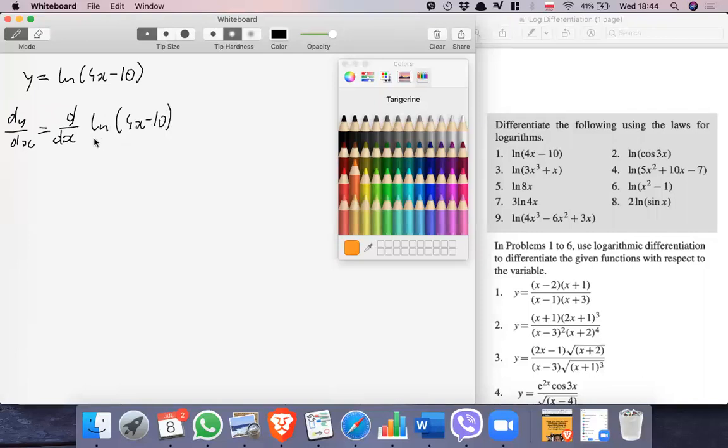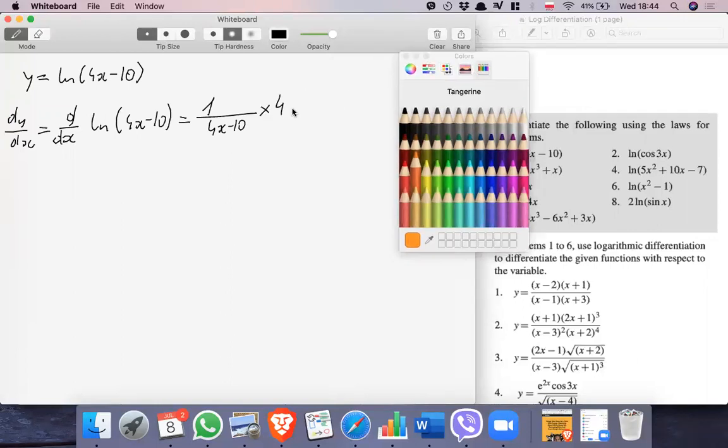This is a compound function. I have an inner function 4x minus 10 and the outer function natural log of whatever is the inner one. So I'm using the chain rule, and by the chain rule we have the derivative of the outer one times the derivative of the inner one. So that will be 1 over 4x minus 10 multiplied by 4, and that's simply 4 over 4x minus 10.